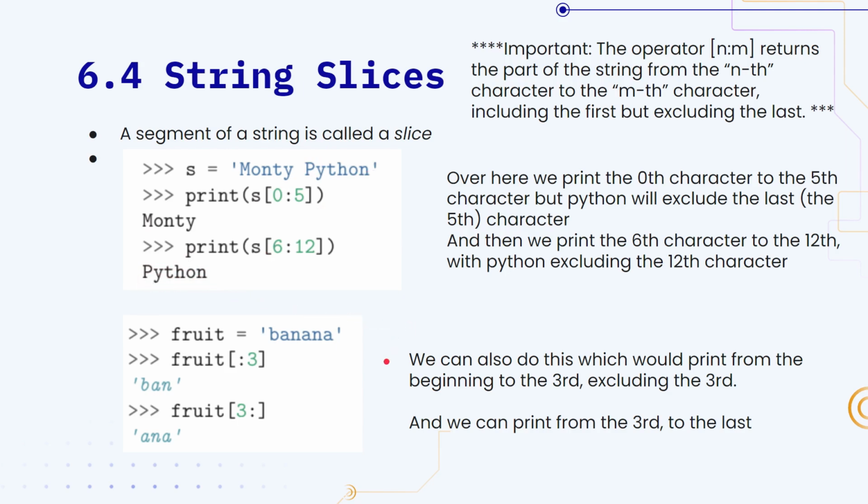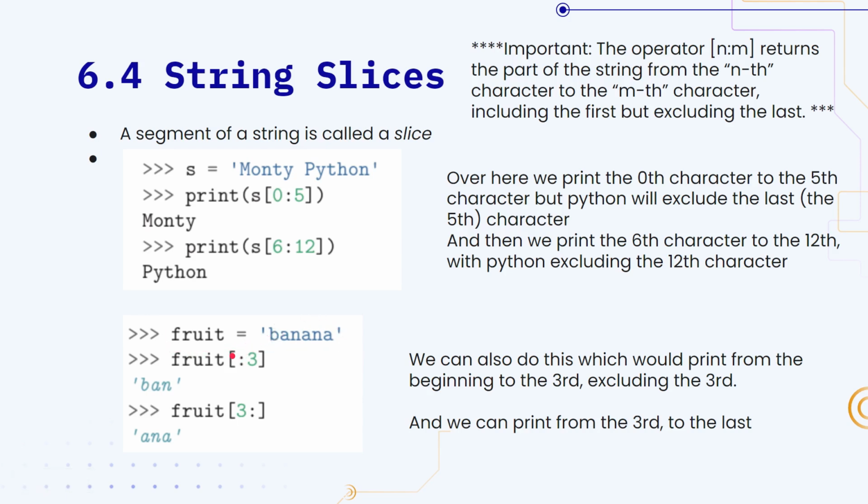And we can also do this by excluding either the first or the last number, which basically just means we want from the beginning to a certain index, or we want a certain index to the end. So let's take a look at this second example. Let's say we have the variable fruit, and it contains banana.